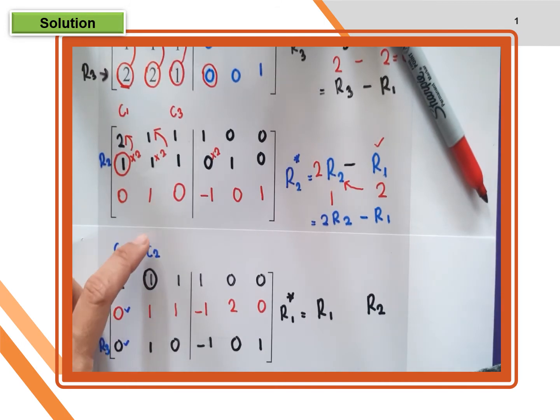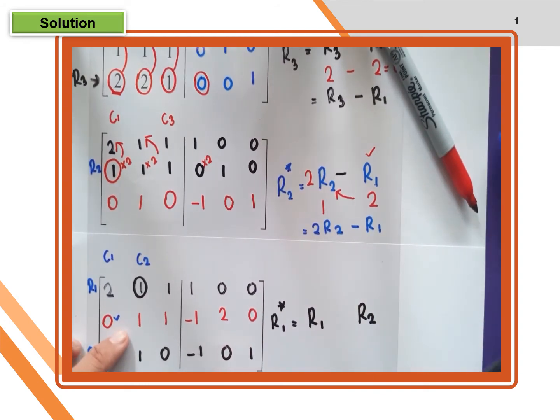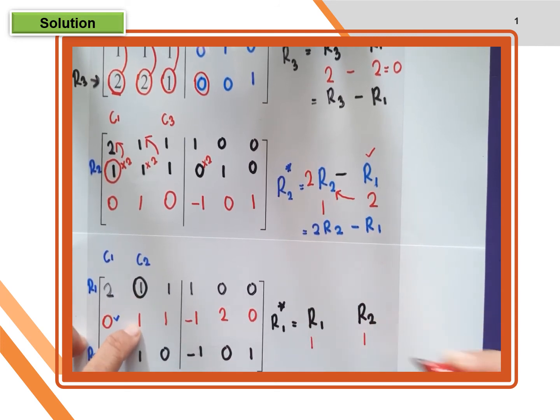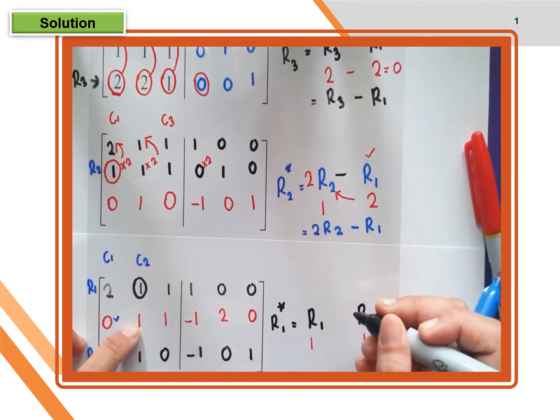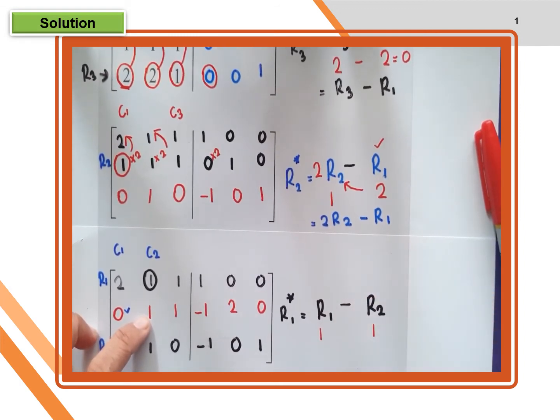We are in the second column, so we use row number 2, the diagonal. What is the number now? Row 1 is equal to 1, and row number 2 is also equal to 1. So in order to get 0, we subtract: R1 minus R2. 1 minus 1 becomes 0. So the formula for row number 1 is R1 minus R2.